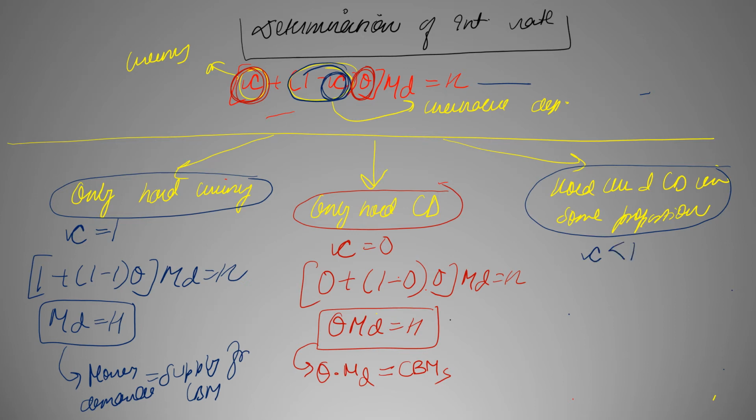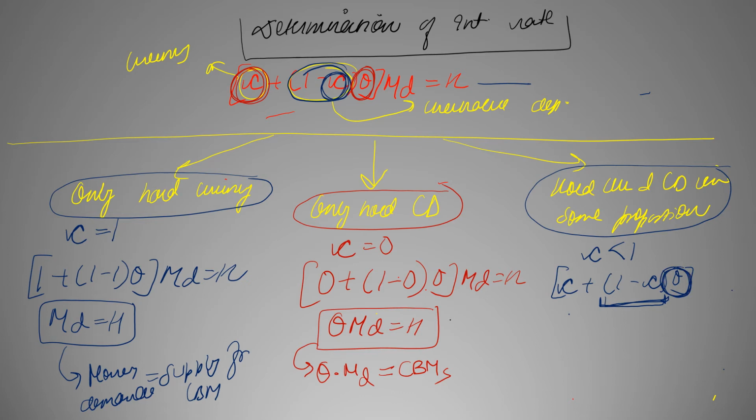So now we are going to talk about it part by part. It's going to be C plus (1 minus C) theta for now. So when you assume C to be less than 1, this is going to be less than 1 for sure, right? Multiplied with theta.